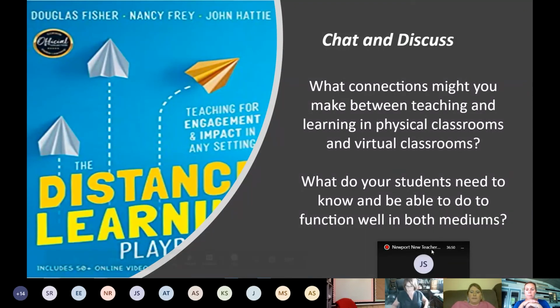And then also think about, what do you think students are going to need to know to be able to function well in both mediums? Remember, like Jennifer said, hopefully we're going to be back with our kids at some point. We may go back to virtual. There could be a lot of different settings this year.